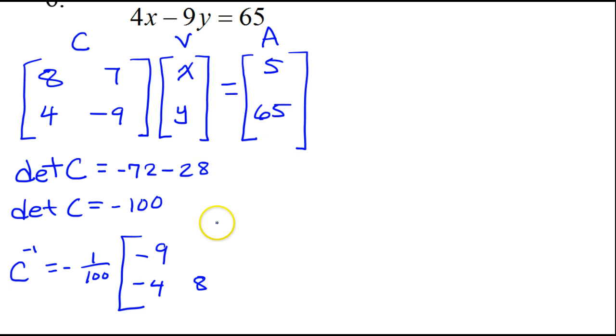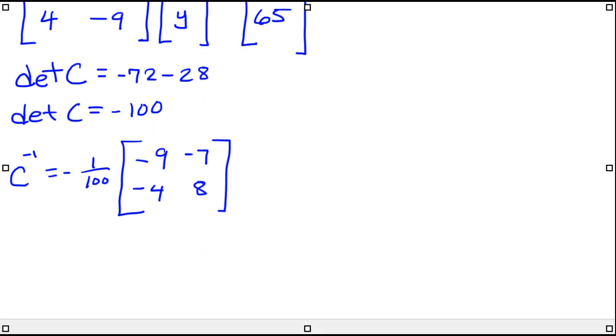So this will become -4, and this will become -7. If these had already been negative, they would have become positive. So we're going to multiply the reciprocal of the determinant times the reverse-negate matrix. Remember that multiplying by 1/100 is the same thing as dividing by 100, so really we are dividing each of these by -100. Just keep that in mind.